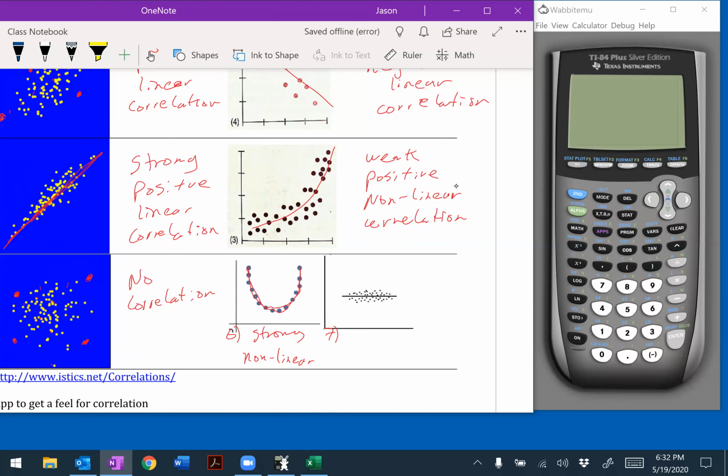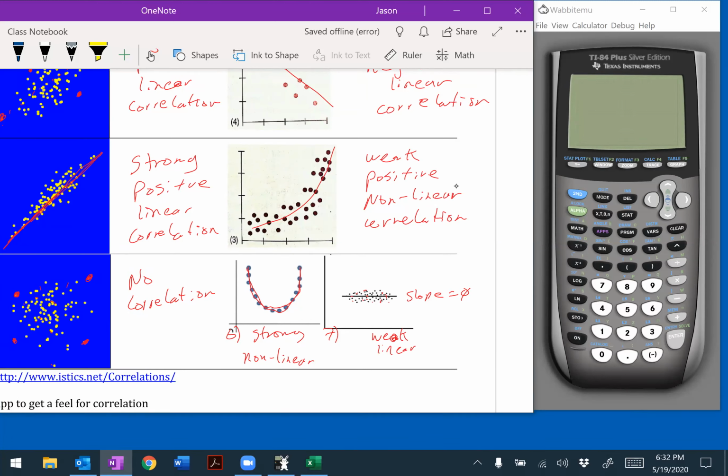What about the next one here? Well, this is again kind of a shotgun blast. There does seem to be a linear trend, but the slope is 0. If we have a slope equaling 0, then we just say that it's extremely weak, about the weakest you can get, and it's neither positive nor negative.